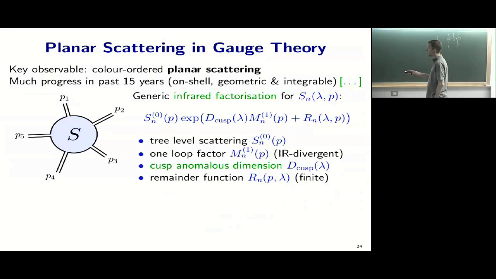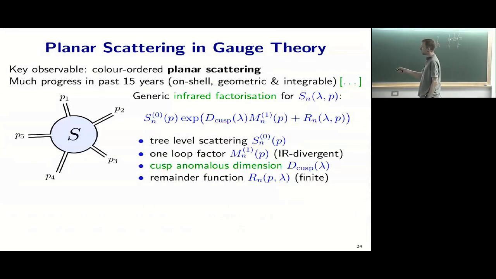This is like the one loop amplitude, just multiplied by some number. The factorization works in this function, which carries the divergence of the momenta, whereas the prefactor just depends on the coupling constant. So this is a well-prescribed scheme for the divergent part. And then there is a finite part, which can reasonably depend on both lambda and the momenta.